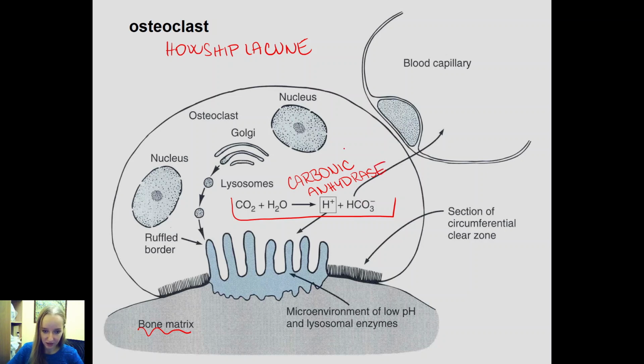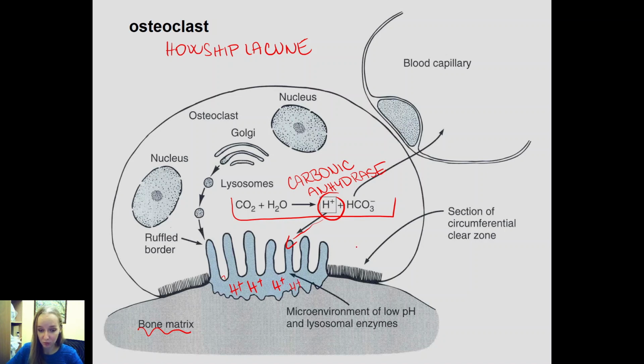So it's a catalyzer for this reaction to happen, and you see you form these protons, and they are pumped outside to this place, and we created an acidic environment here with low pH. So now enzymes can work, and they are activated here.